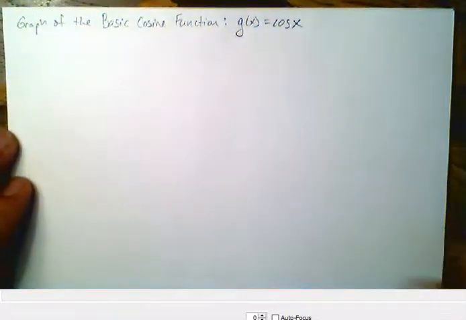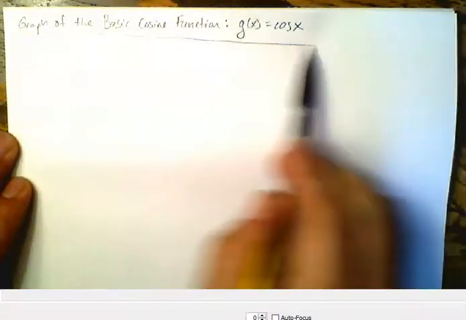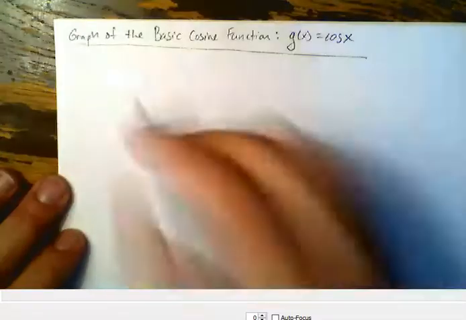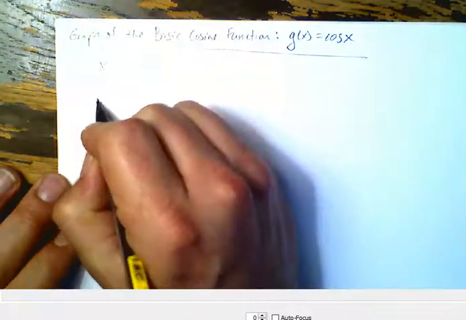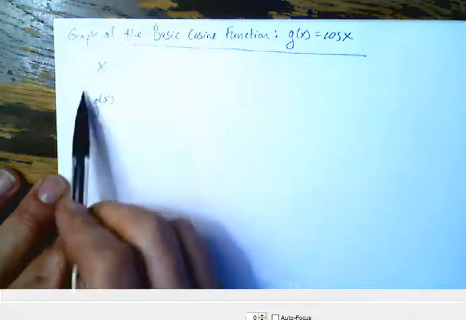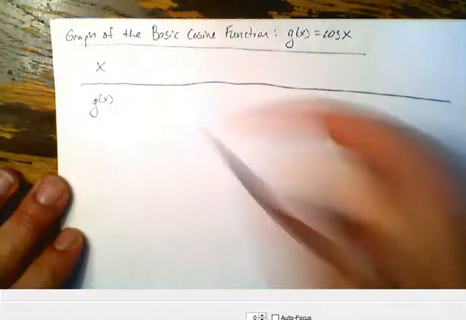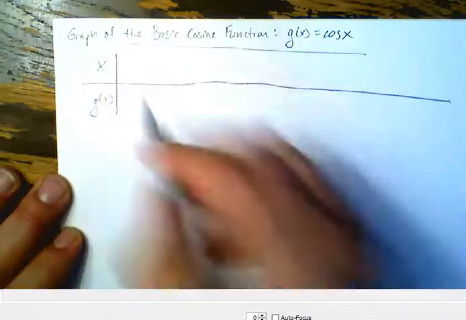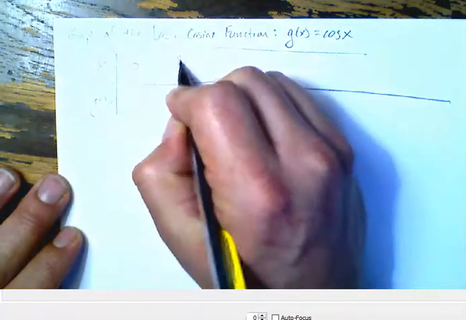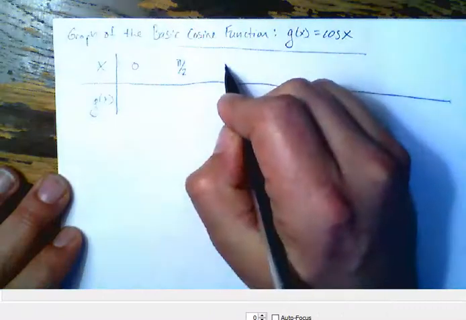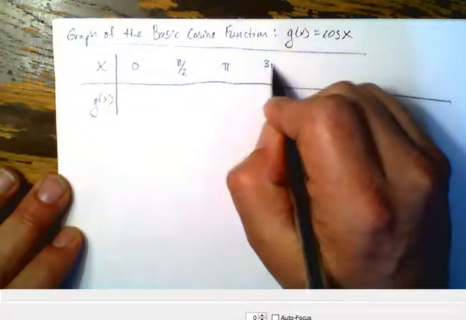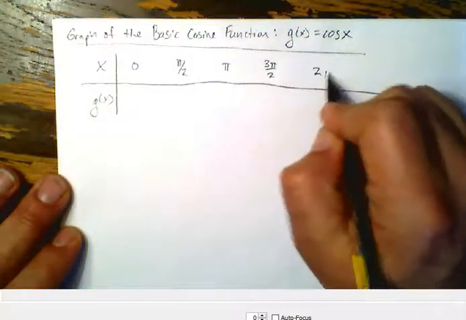Okay. So we'll do the same thing. We'll make a table of values. So let's start at x, and then g of x is here. And we'll pick these numbers off the unit circle like we did before. Okay. So let's go 0 and count by pi/2. It's pi/2, pi, 3 pi/2, 2 pi.